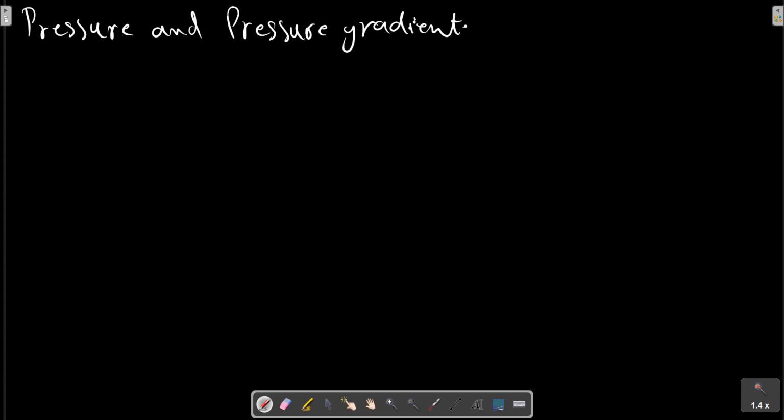In the previous chapter, we saw that a fluid at rest cannot support shear stress, and Mohr's circle analyzes the stress reduced to a point. In other words, the normal stress on any plane through a fluid element at rest is a point property called the fluid pressure P. So we have a definition.